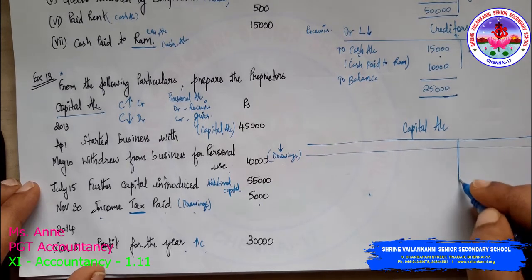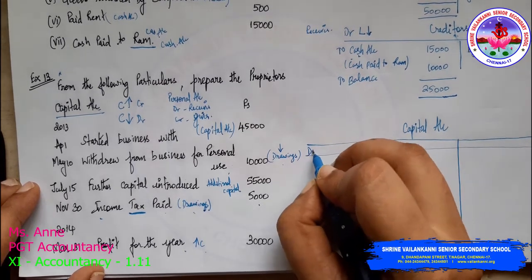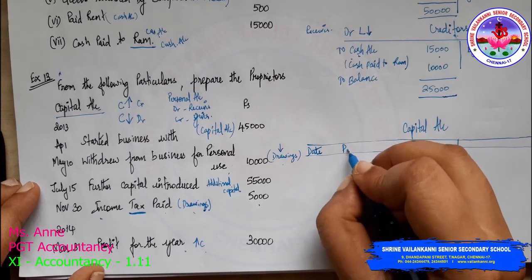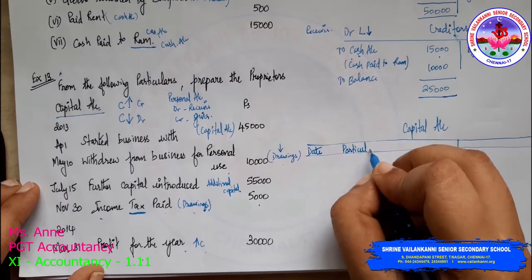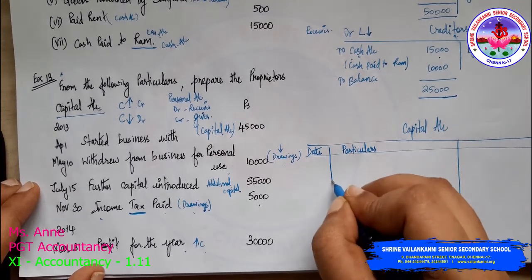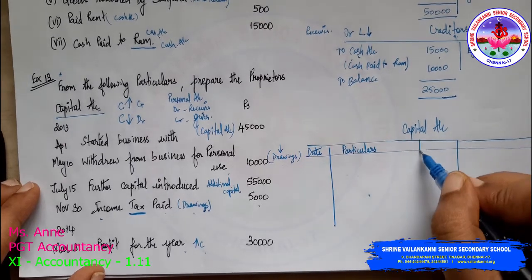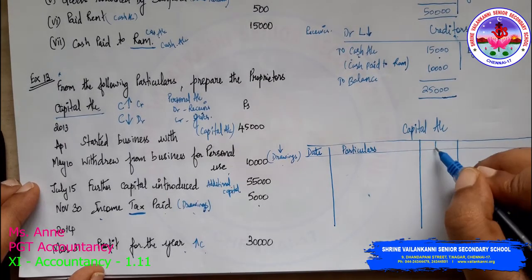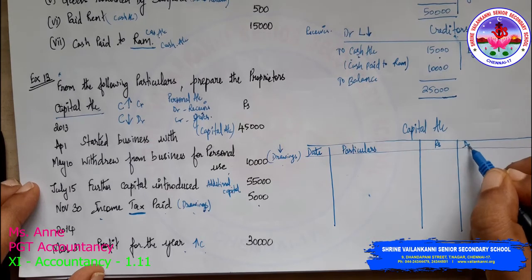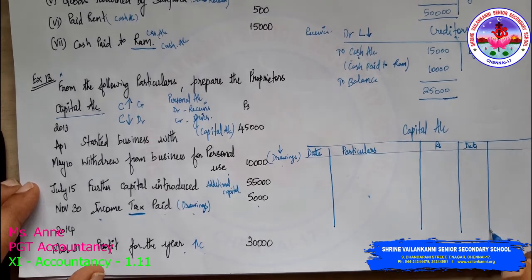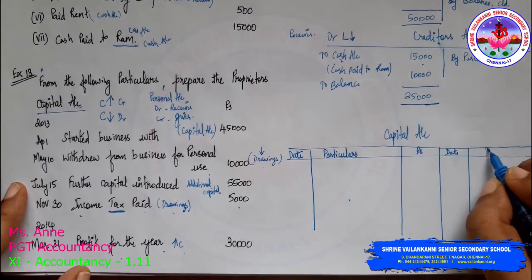items to be included. Date, particulars, rupees, date, particulars.